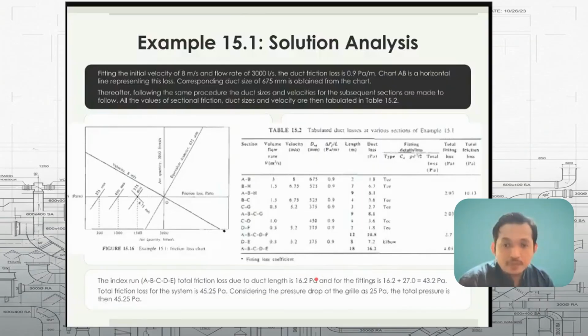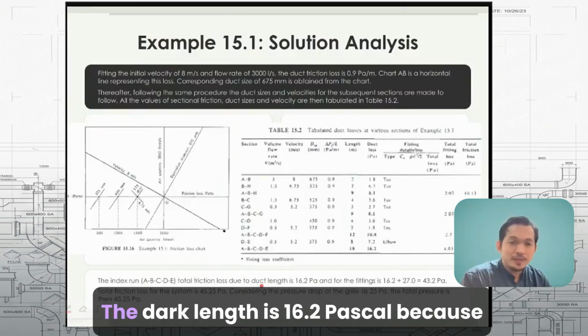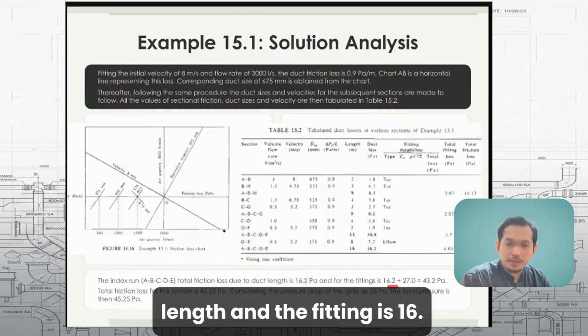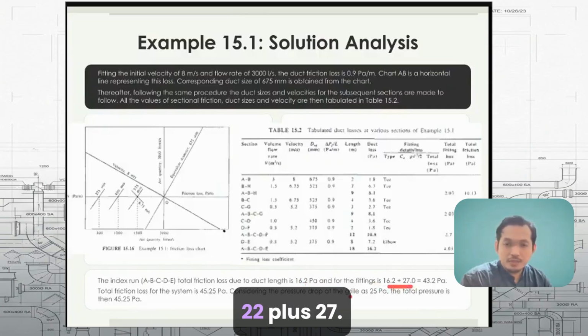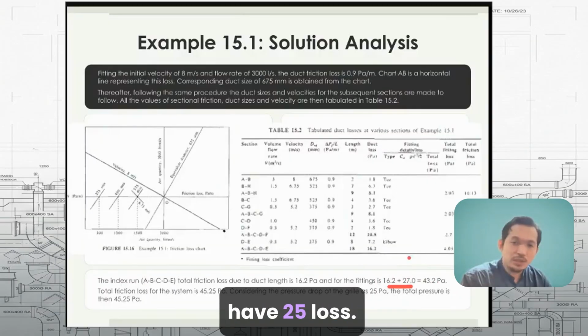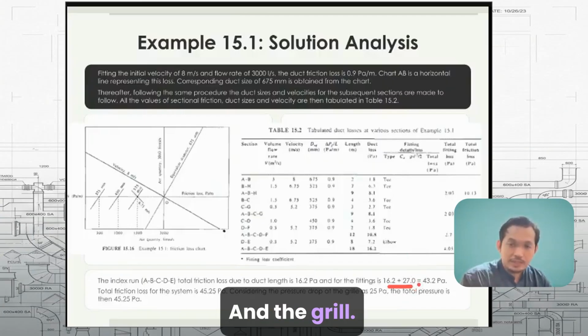Yeah, total loss is 20. So that will be your index run. The duct loss is 16.2 Pascal, because this is the loss because of the duct length, and the fitting is 16.2 plus 27. 27 because at the outlet they said they have 25 loss at the grill.